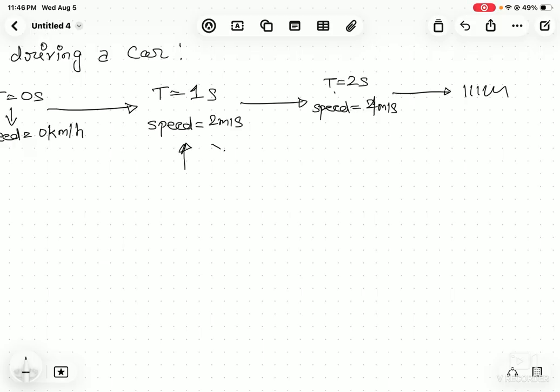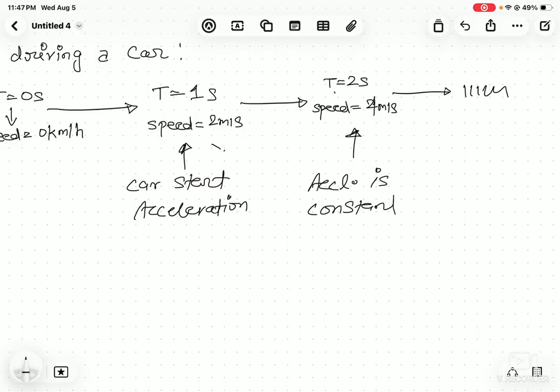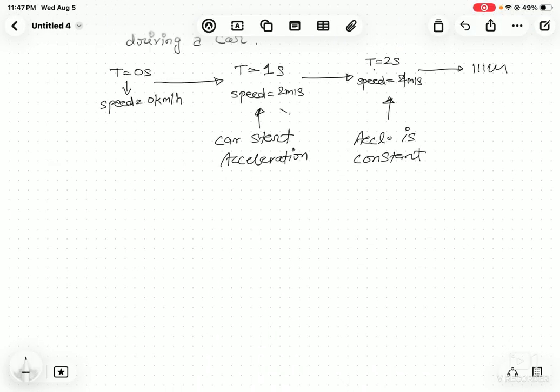So at this point, the car starts accelerating, and you can see that acceleration is constant because it increases by a value of 2 meters per second.